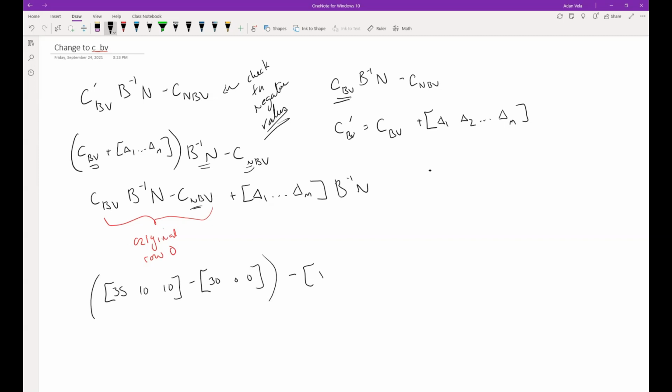And we still have this delta 1 to delta M times B inverse N. Now we can go ahead and do that multiplication. In fact, I think we've done it before. We have the values of B inverse and N, so I'll go ahead and plug those in.